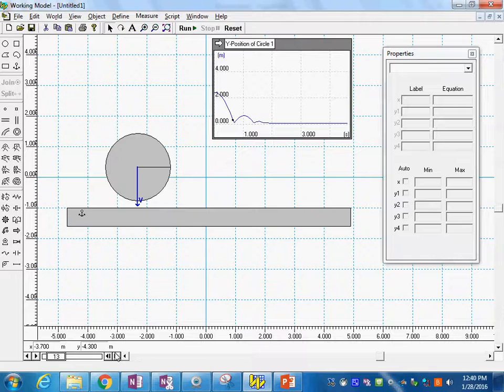Everything is done. So with tools like this, and us being able to analyze what happens every fraction of a second, that's exactly what we need to be able to get closer to understand what happens in a real situation.